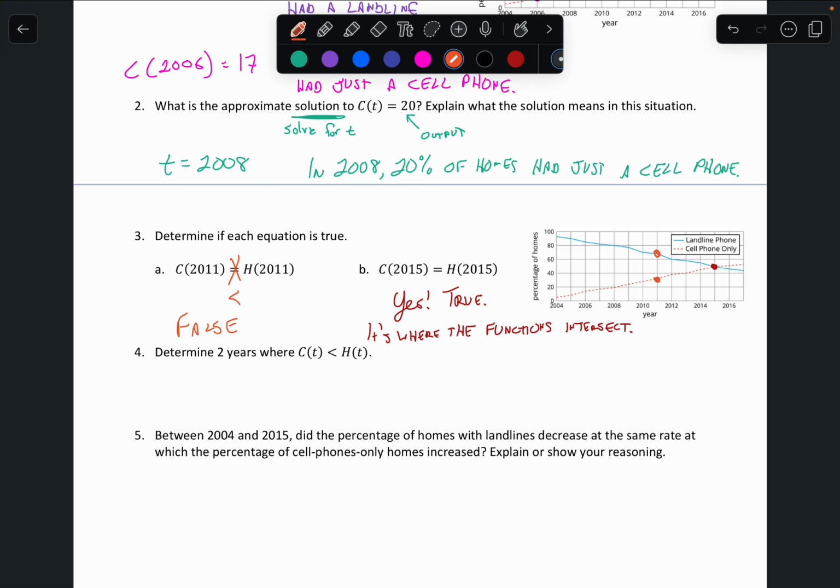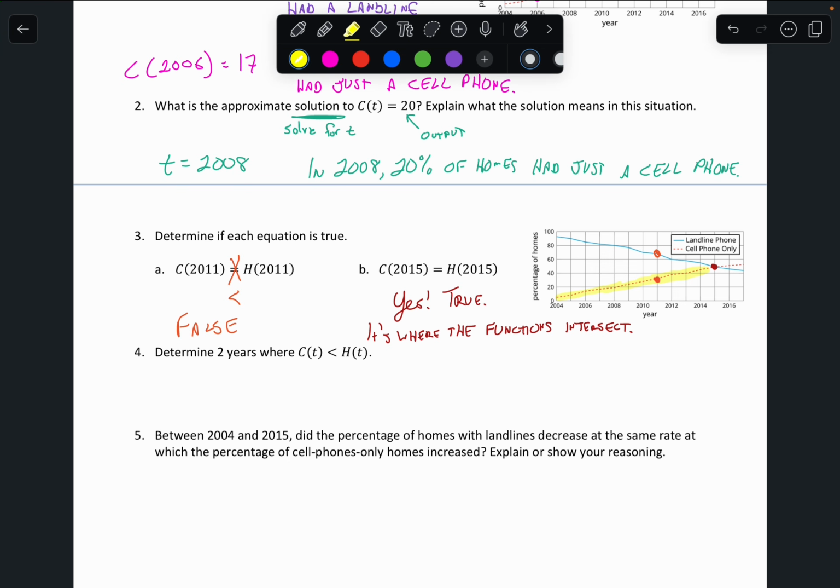Okay, so in number 4, we want to determine 2 years where C of t is less than H of t. So think about what that's saying. That's saying that the cell phone percent is less than the landline percent. Well, if we look over here on the graph, that's happening every time the cell phone is less than the landline. Okay, so up to that intersection point, and then after that is where cell phones kind of take over from the landlines, but we want the cell phones to be less than the landlines.